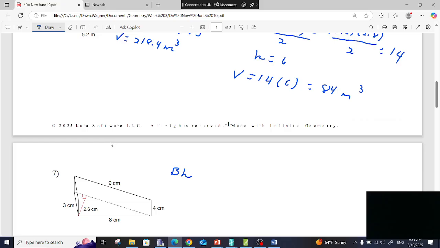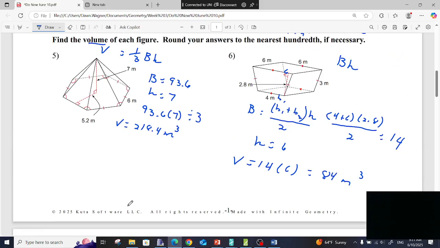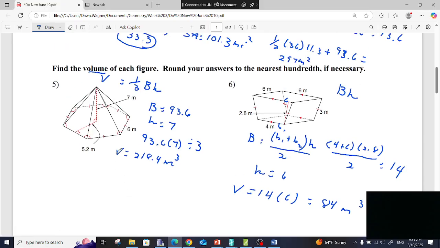Please do not confuse this triangular prism with a pyramid. This is actually a prism because the two triangles are parallel and congruent. Do you see that? Do you see the difference between this prism versus a pyramid?